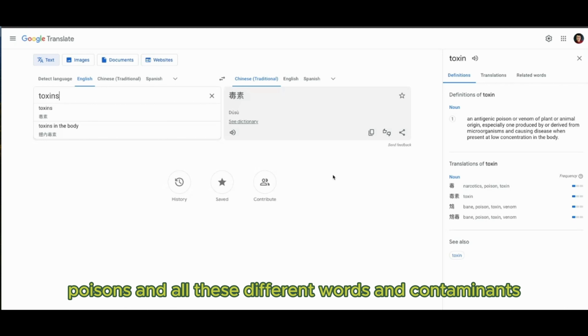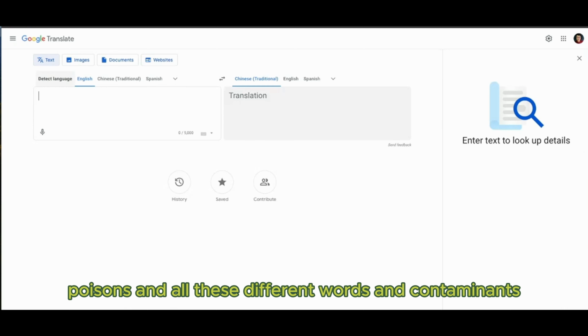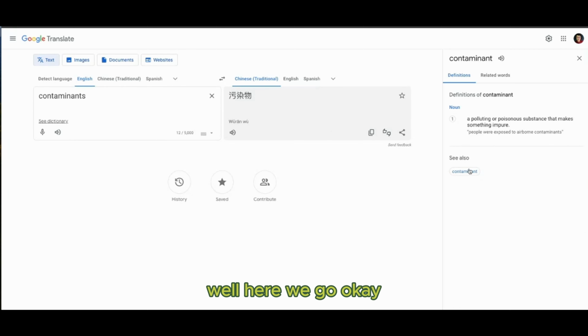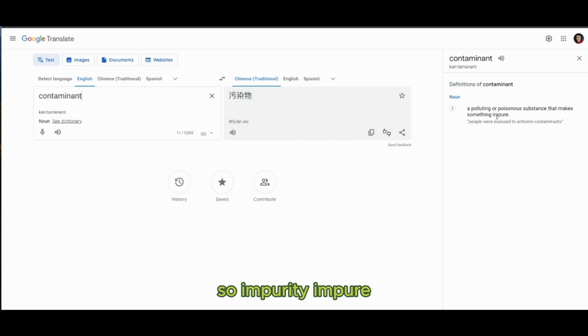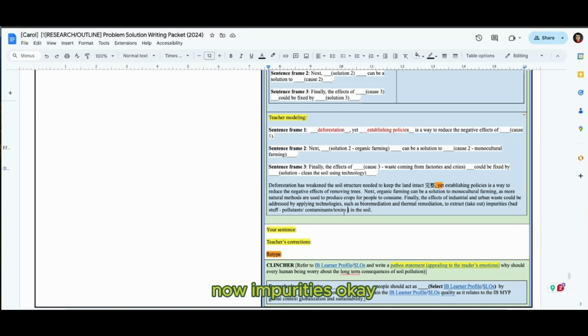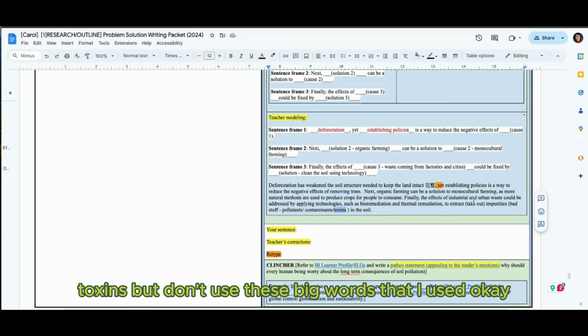Poisons, and all these different words, and contaminants. Oh, here we go. Okay, so impure. So I basically took impure and changed it to a noun, impurities. Okay, so you can use pollutants, contaminants, toxins, but don't use these big words that I used.